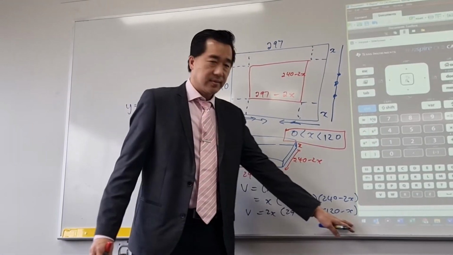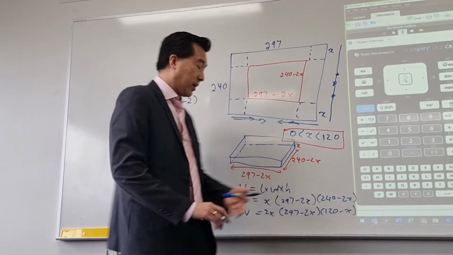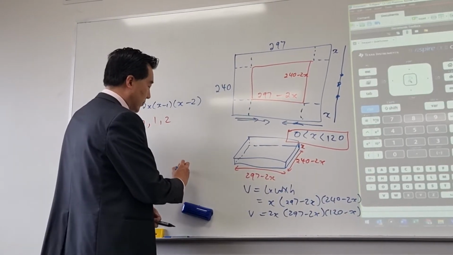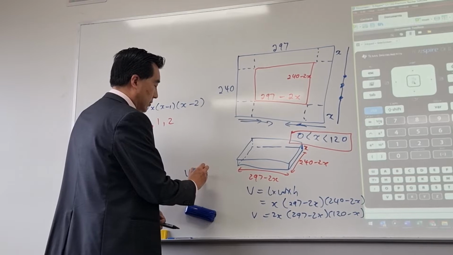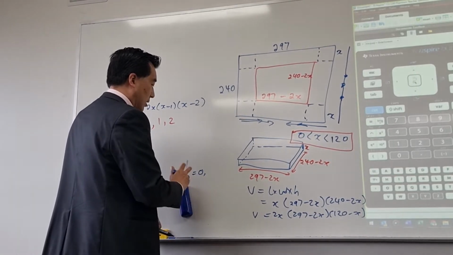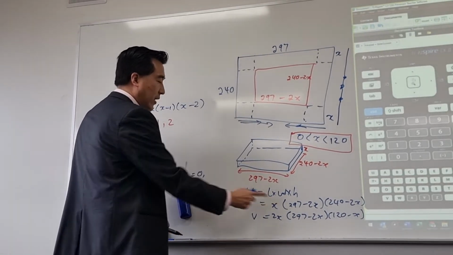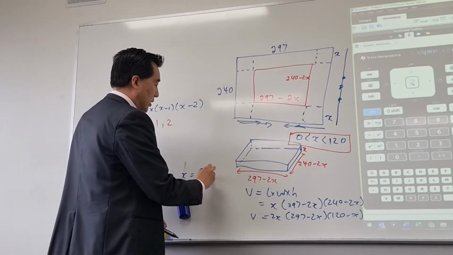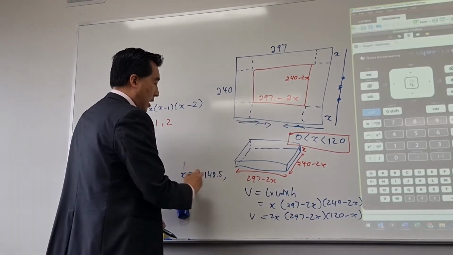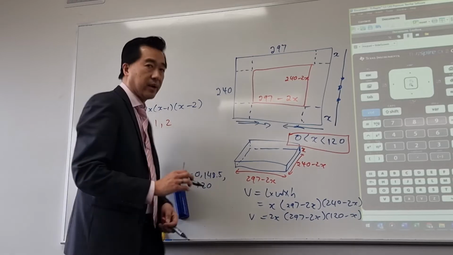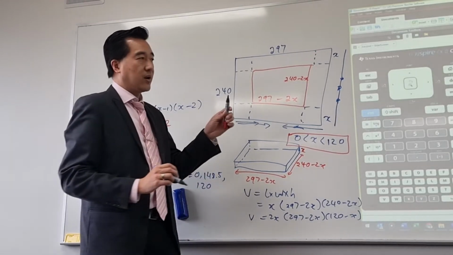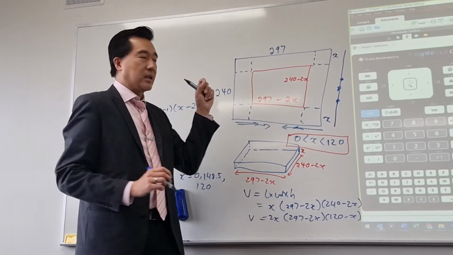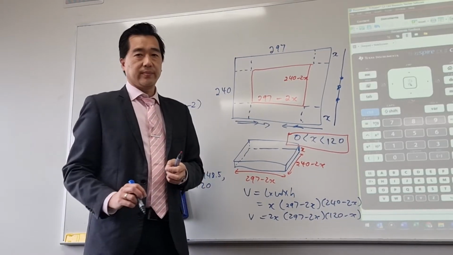Same with these ones. You can tell the x-intercepts straight away. So for this case, it will be 0, and then 148.5 and 120, right? That's important because later on we're going to use that to determine the settings on the graph that we want, right?